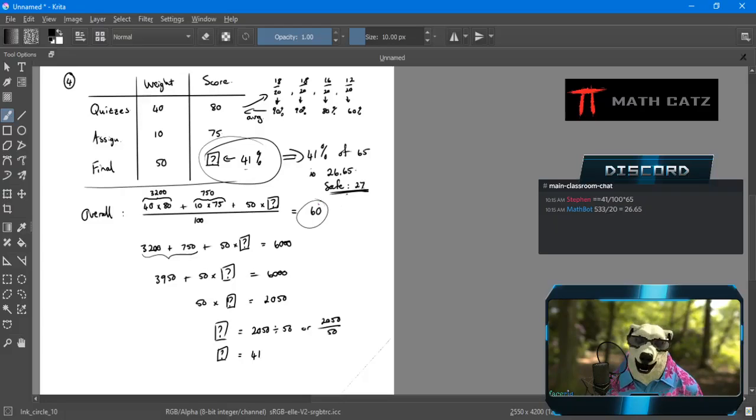So it's just a matter of what information is given, what I want, how exactly do I want it, but it's the same weighted average concept. All right, any questions on that?